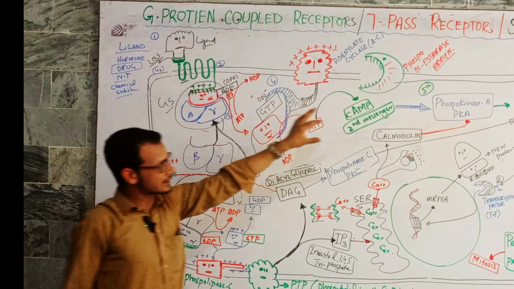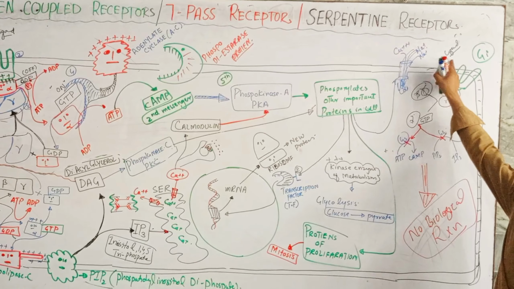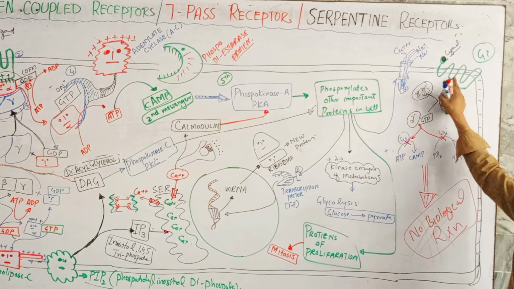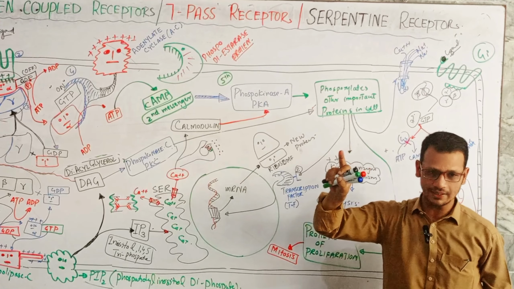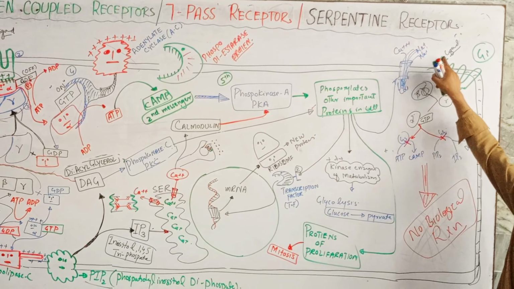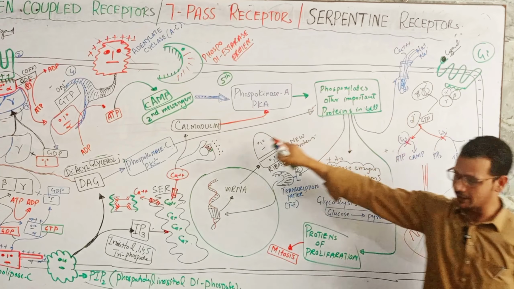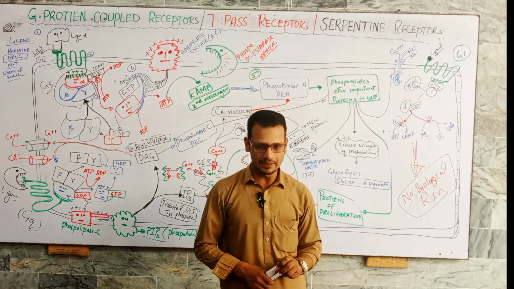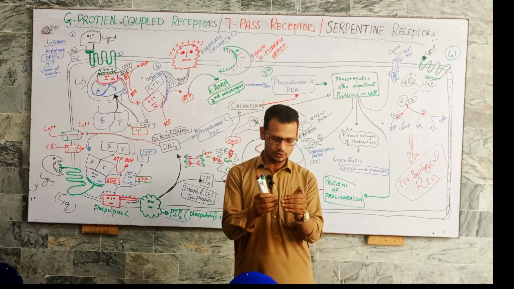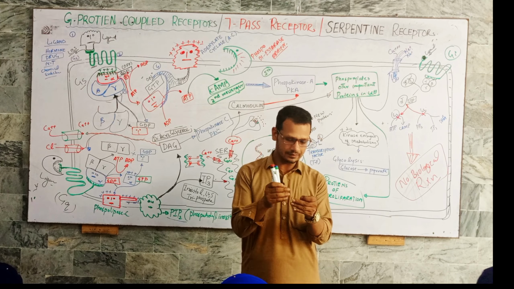Right? But here, all the things which can bind here and activate this Gi receptor to block this pathway are called agonists, and all those ligands which have the ability to bind here and block this pathway, to activate all the Gs and Gq pathways, are called antagonists. Antidotes are used as antagonists. Right?